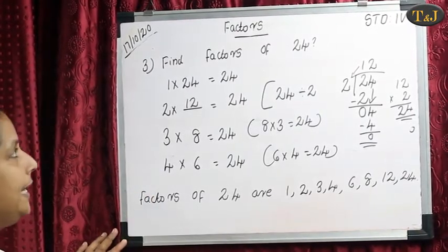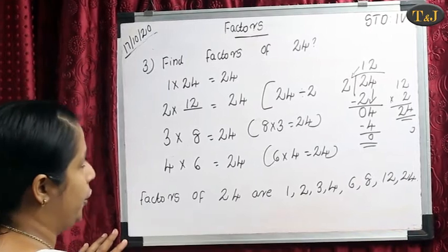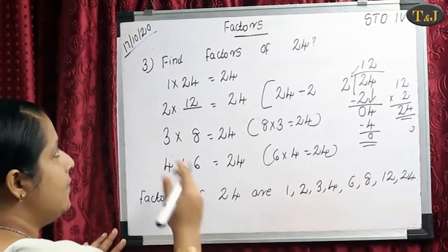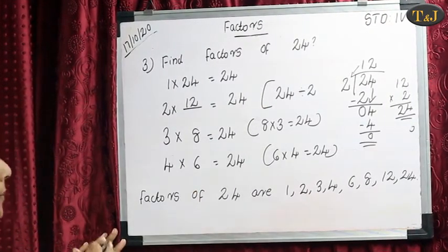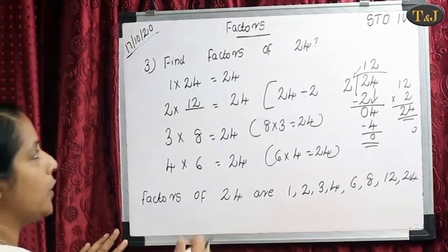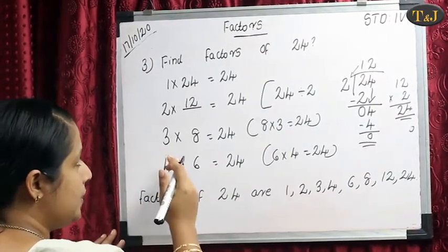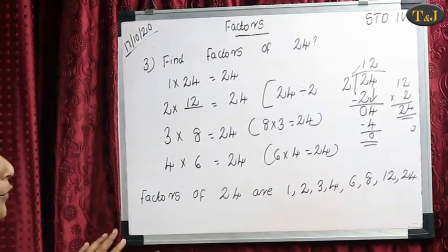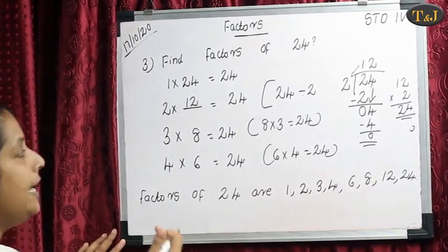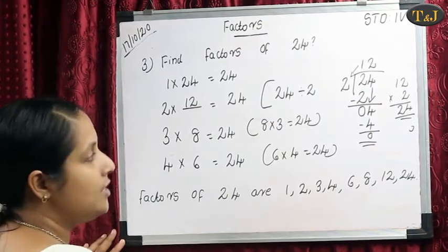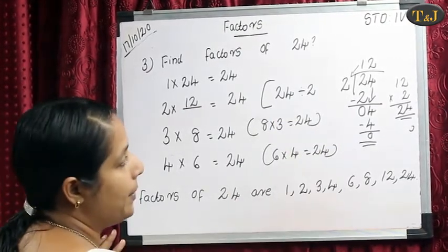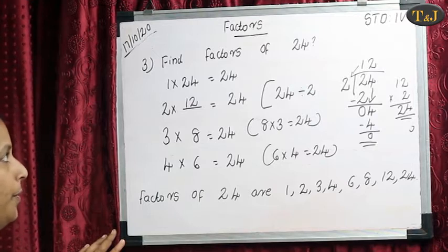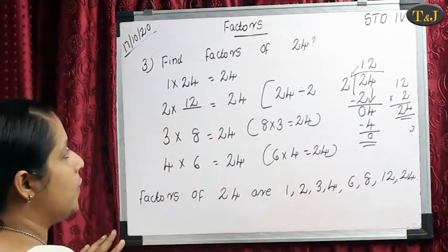Once again I explain, find the factors of 24. In every table, 1 is a factor of that number. That means 1 multiplied by 24 equals 24. In 2's table, we do not know how we can get the number 24, so we use division. Then we get 12 multiplied by 2 equals 24.